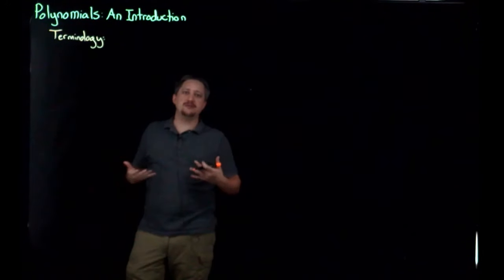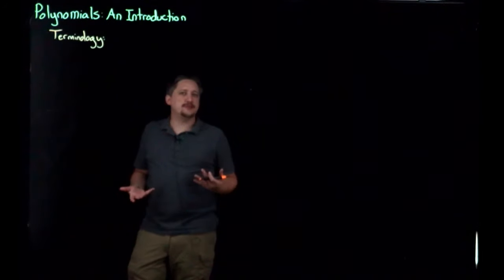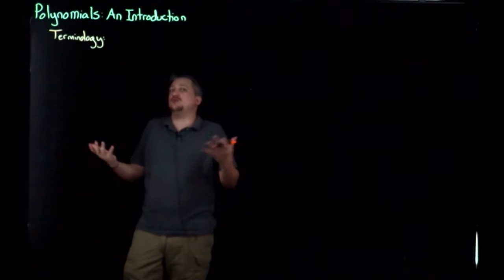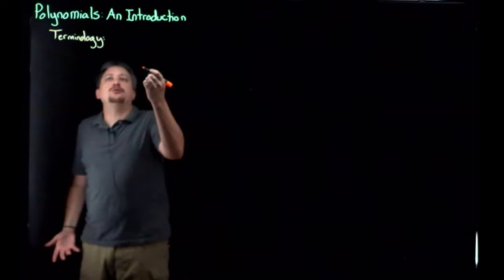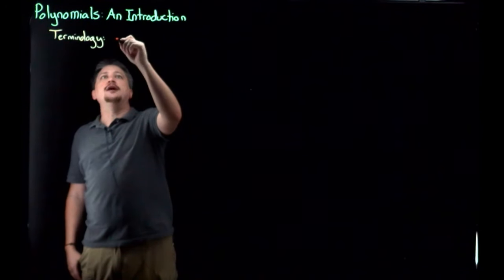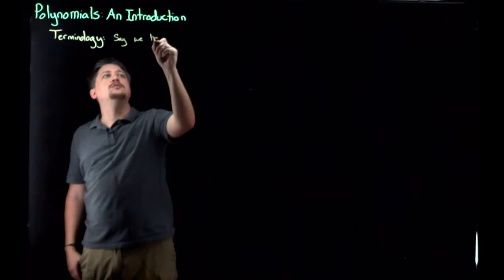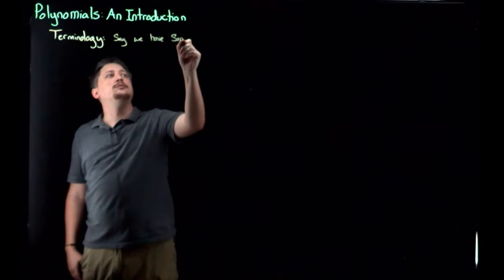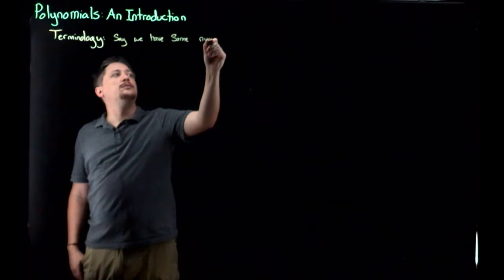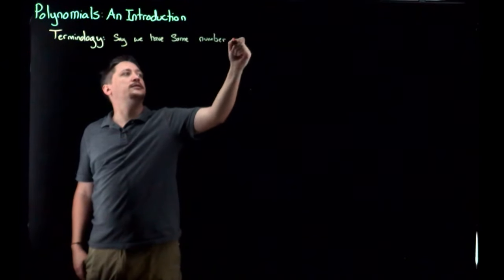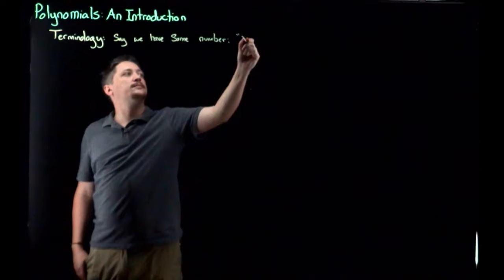Let's say we have some number, but we don't know what that number is. So we have a classic unknown number. We'll give it a letter. Say we have some number. We don't know what it is, so we'll call it x.